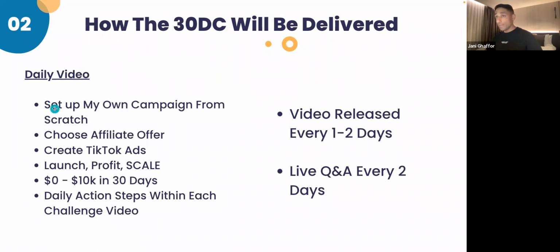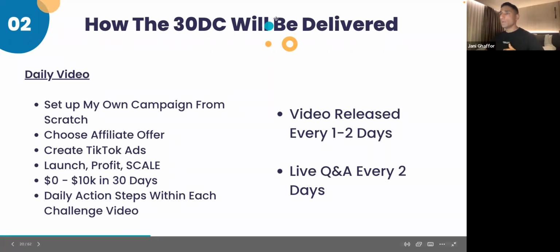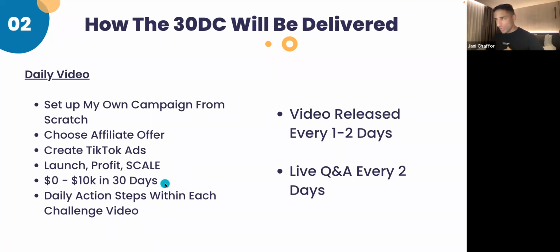In the daily video, you get to watch me set up my own campaign from scratch, choose the affiliate offer, create the TikTok ads, launch, profit, scale, with the goal of 0 to 10K in 30 days. Every day, including today, we have daily action steps within each challenge video. I will be releasing the video every 48 hours, so every 1 to 2 days.